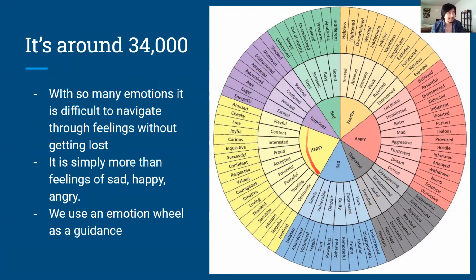Even this isn't really 34,000, but it's a good chunk of the different types of emotions and feelings that a person can feel at a certain time, place, or event. With so many different emotions, it is difficult to navigate your feelings without getting lost. It's simply more than feelings of sad, happy, and angry. We use an emotion wheel as guidance.